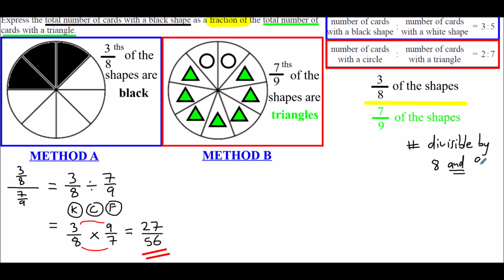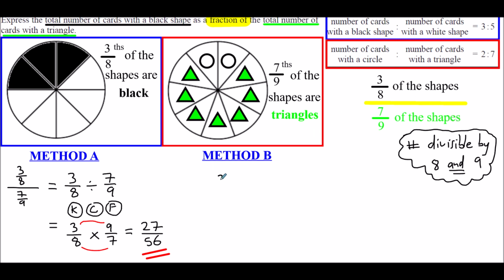So what number is divisible by 8 and 9? We could think of that in terms of a number that's in the 8 times table and in the 9 times table. If you're not sure what number's in both times tables, you could guarantee to find a number that fits by doing 8 times 9, which is 72.